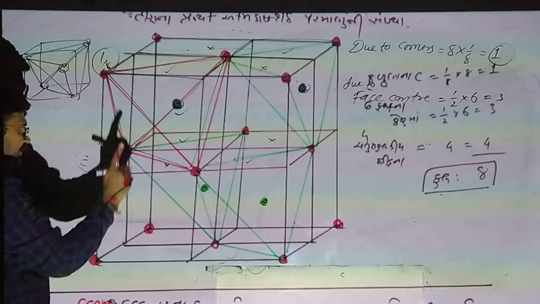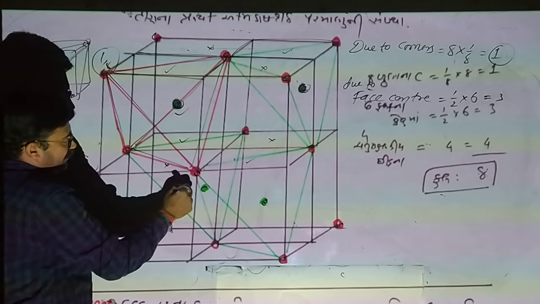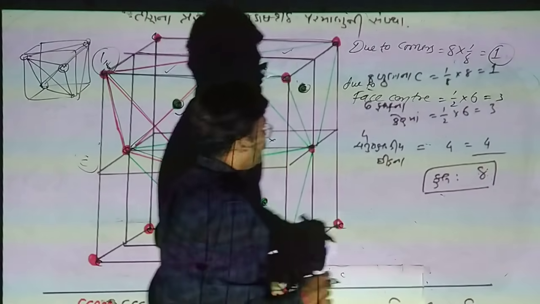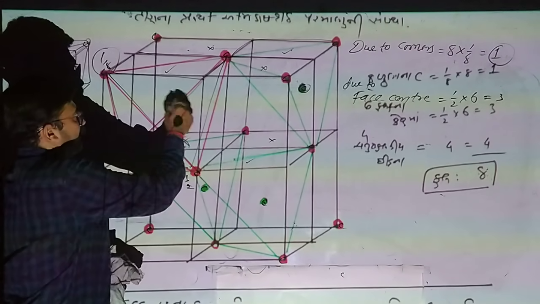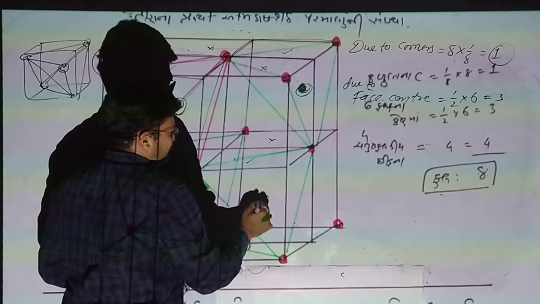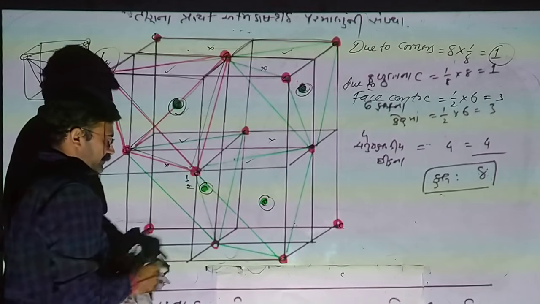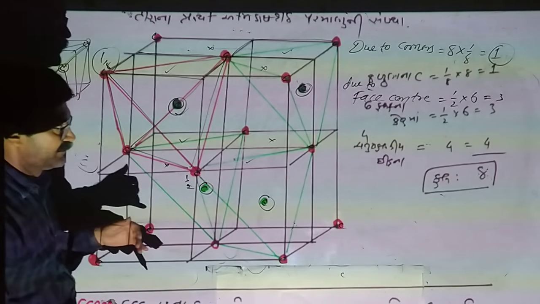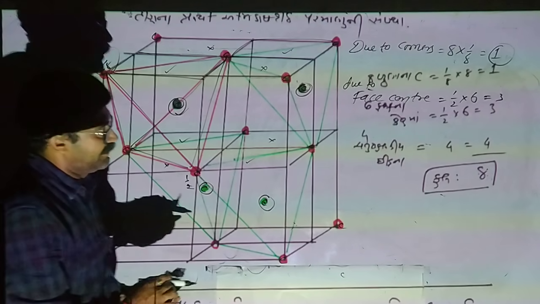Due to corners 1 atom of carbon, and due to face center there are 3, and 4 are individual, which are not shared with another unit cell. Individual 4 inside it which are in the tetrahedral voids.